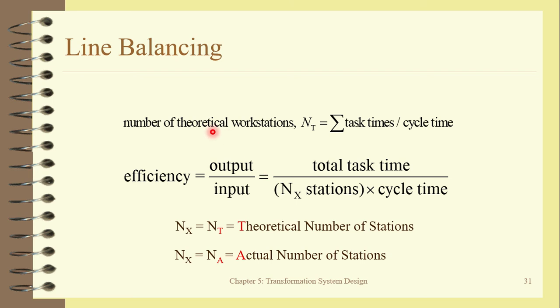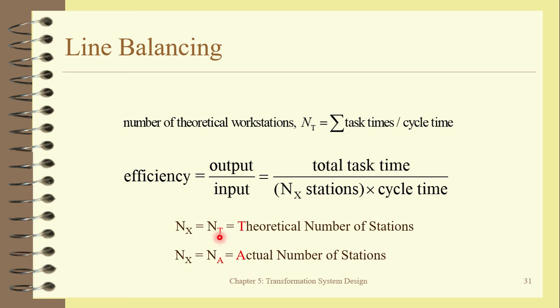So the theoretical number of workstations: the T here stands for theoretical, N is the number of workstations. The theoretical number of workstations is equal to the summation of task time divided by cycle time. And the efficiency of the system is equal to output divided by input, which is the total task time: the summation of task time divided by Nx stations multiplied by cycle time.